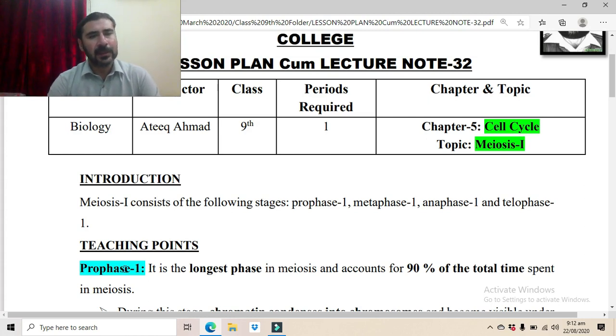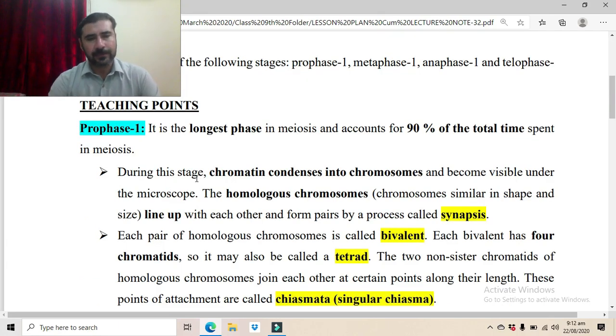This is the most important phase of meiosis 1. It is the longest phase in meiosis, and it accounts for 90% of the total time spent in meiosis. During this stage, chromatin condenses into chromosomes and becomes visible under the microscope.